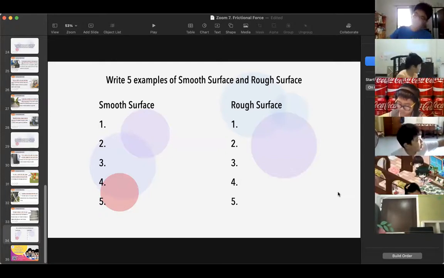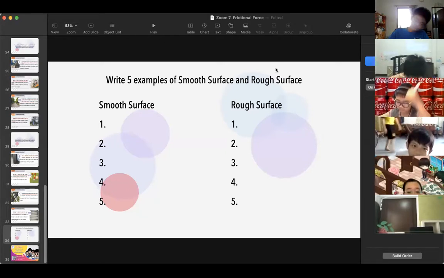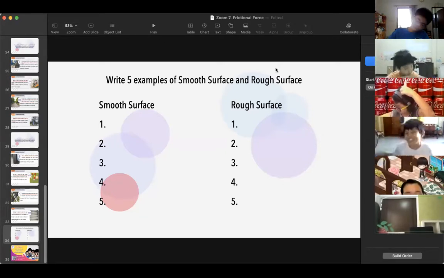Okay, done. Only 5 examples, okay? No animals, no fruits, and no vegetables. Smooth surface, other things or materials is okay.